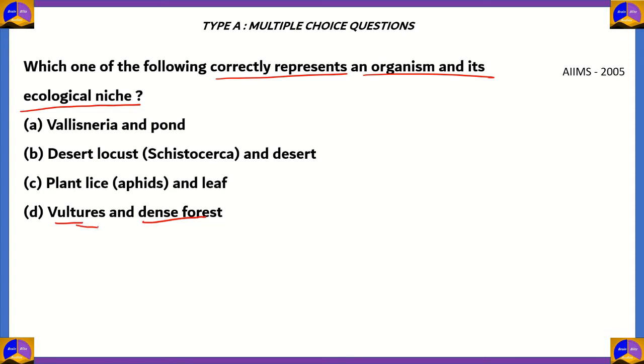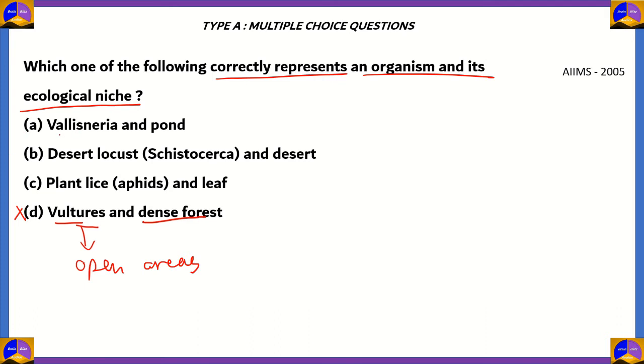Now this seems counterintuitive because vultures are known to live in open areas. They need to see carcasses, and therefore they will live in areas where carcasses can be easily found, say grasslands. So therefore option D, vultures and dense forest, is incorrect.